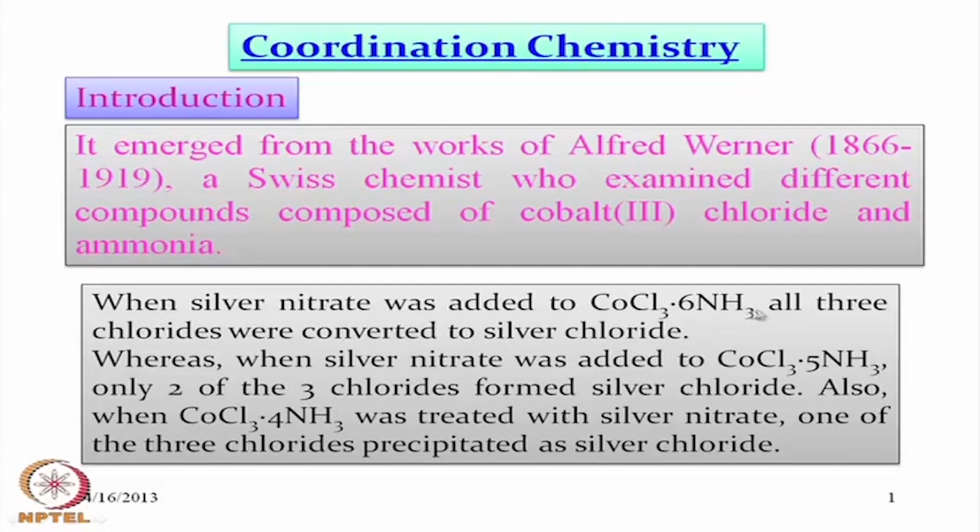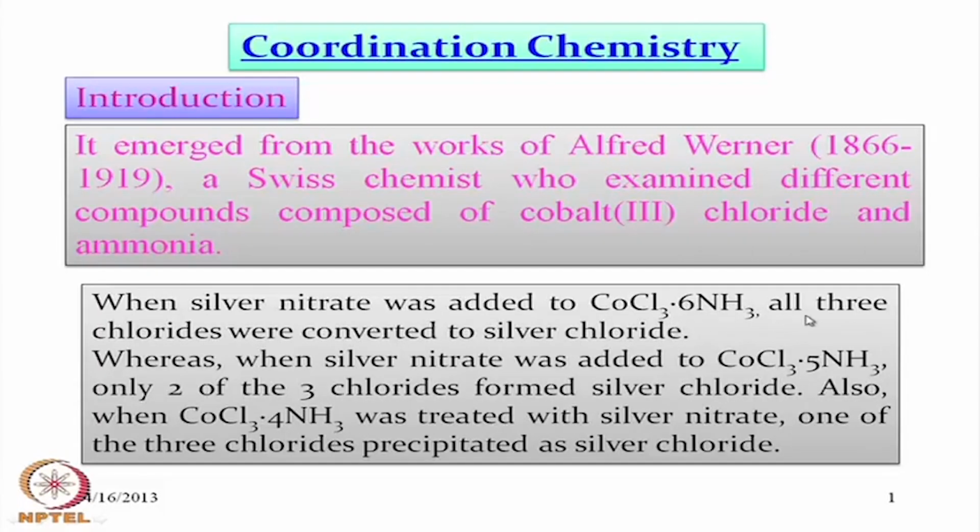In one case we see that whatever amount of Cl minus was present in the cobalt chloride salt is coming out from that particular complex. We consider it as the reaction product, which is a completely different compound having no character of the original cobaltic chloride salt. So, it is definitely a new reaction product.